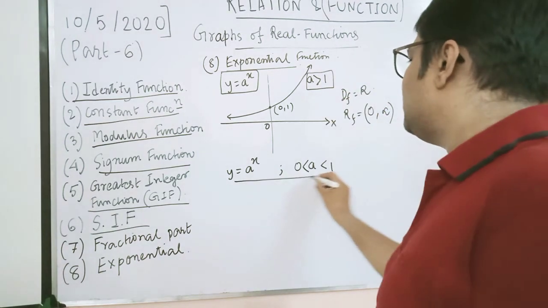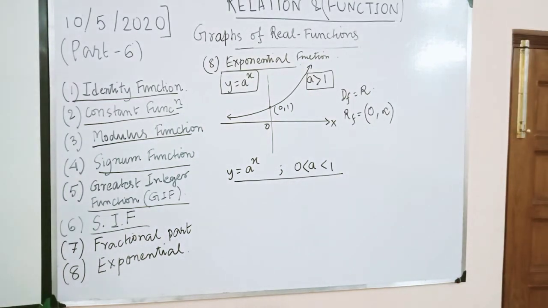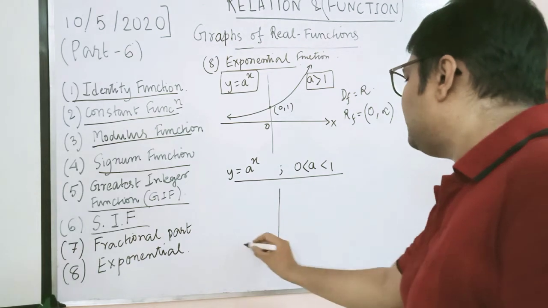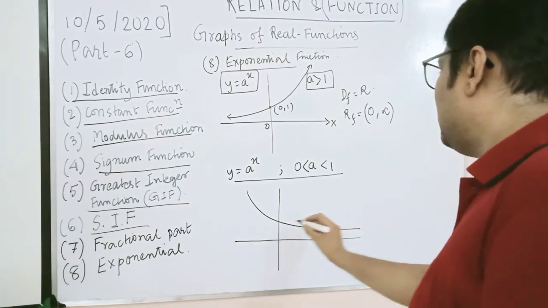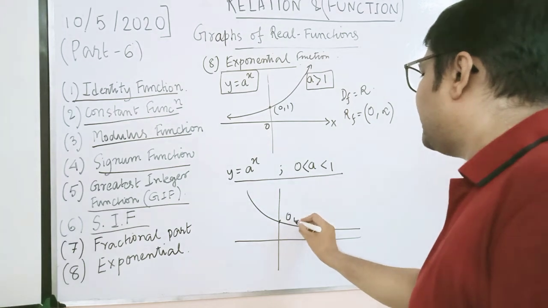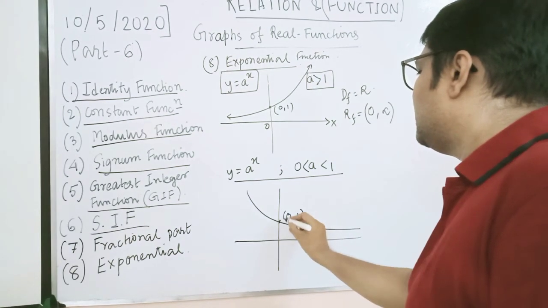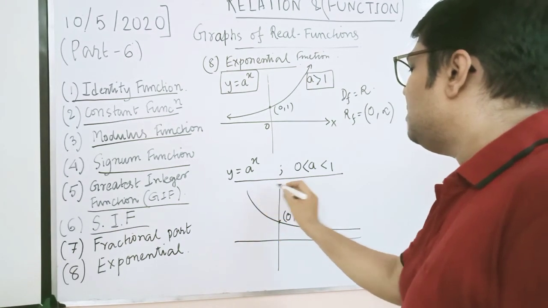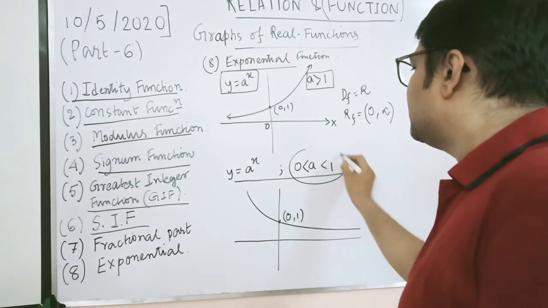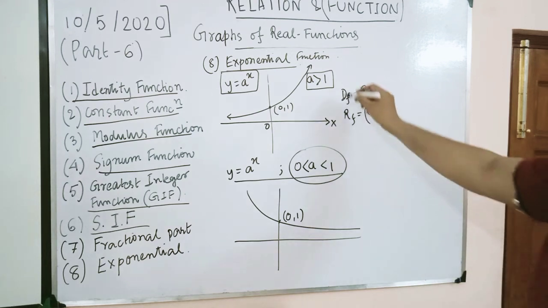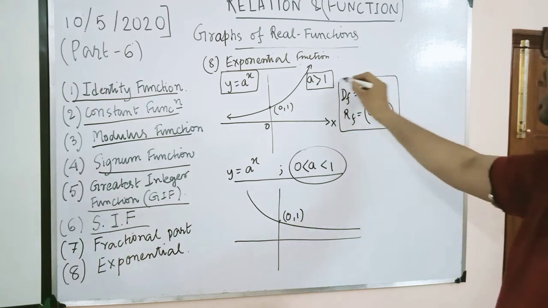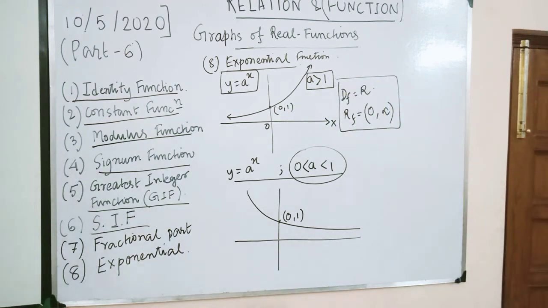Now another situation where we see a to the power x and a is between 0 and 1. Here the graph will decrease like this. Still it will cross the point 0, 1. Here also the same domain and same range will be there.